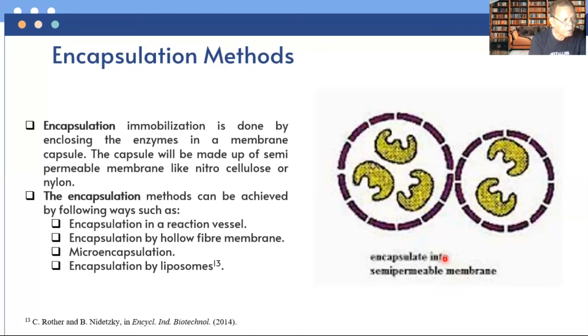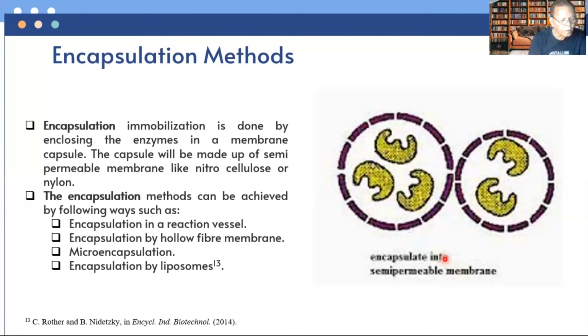encapsulation in a reaction vessel. It involves the partitioning of a member by a semi-permeable membrane. One chamber contains the enzyme, whilst the other contains substrate and product.